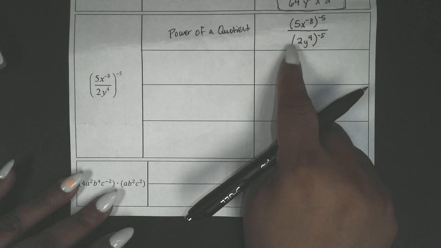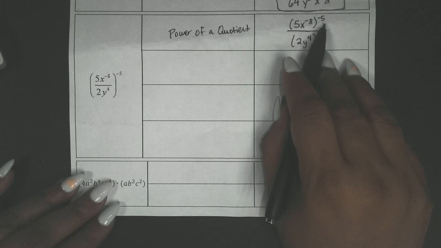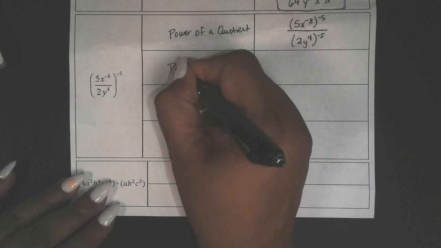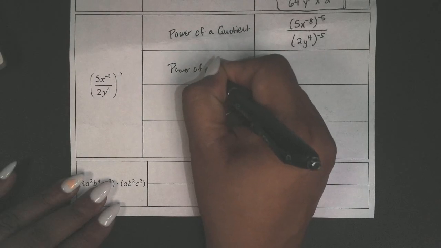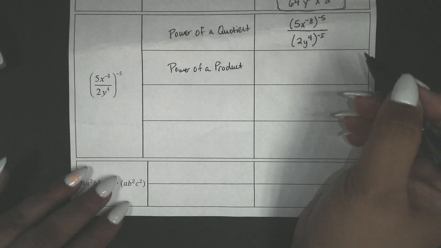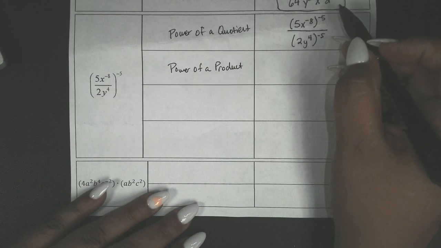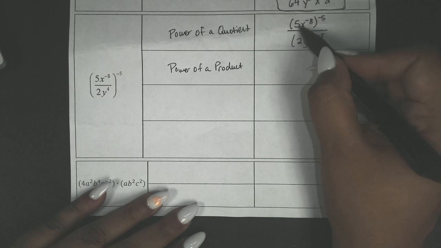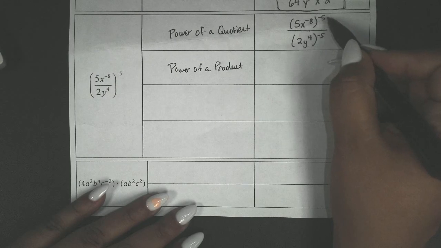Now practice putting parentheses around that product and that product, okay? When I did that, I created a power of a product. So I'm going to do the power of a product rule, which means that everything inside of these parentheses gets a power of negative 5.